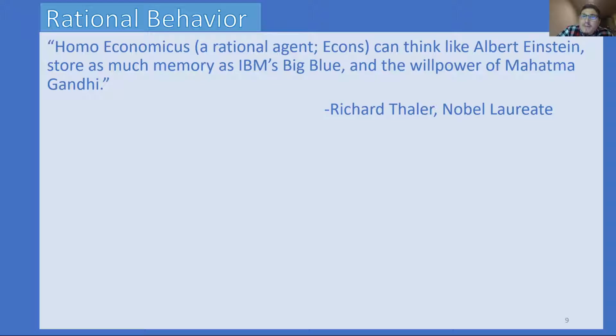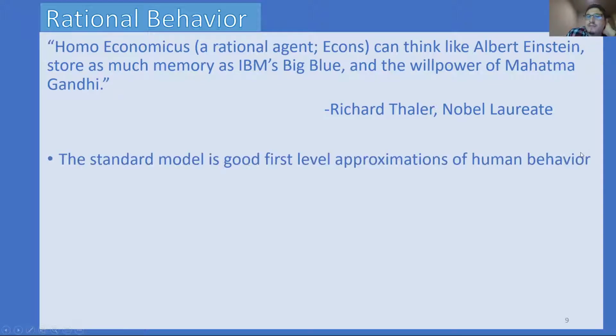Anyways, he says Homo economicus can think like Albert Einstein. They can store as much memory as IBM's Big Blue, which is a famous computer, I think famous for chess. And they have the willpower of Mahatma Gandhi. So they have all these brilliant traits. That's not really true of every human being. Those are very few exceptions: Albert Einstein, Gandhi, and of course the computer.